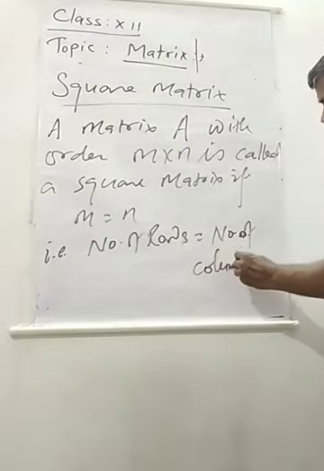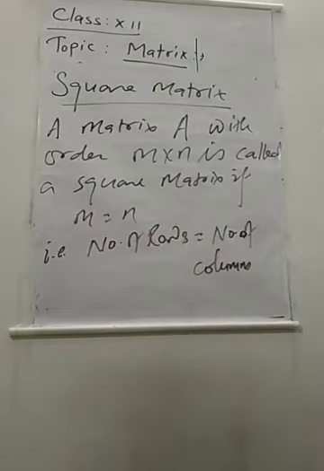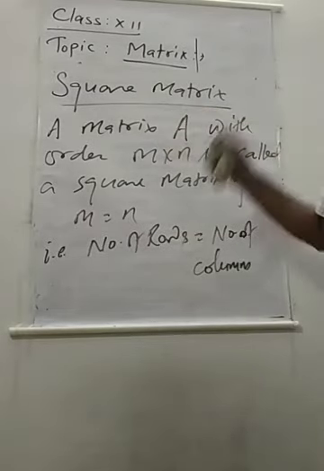If a matrix has the same number of rows and columns, it is called a square matrix.